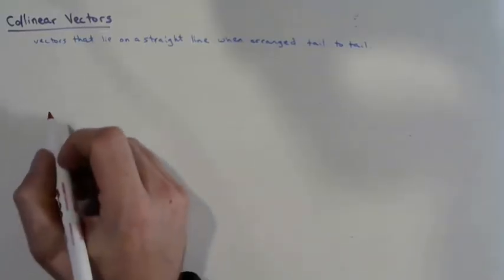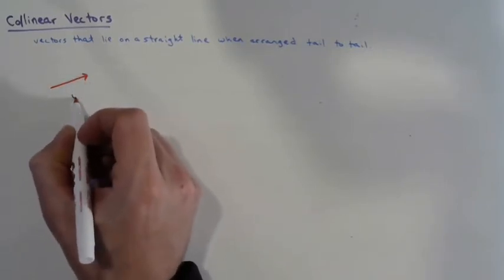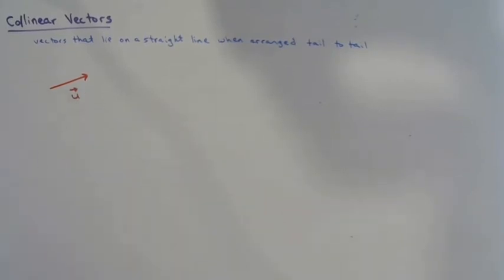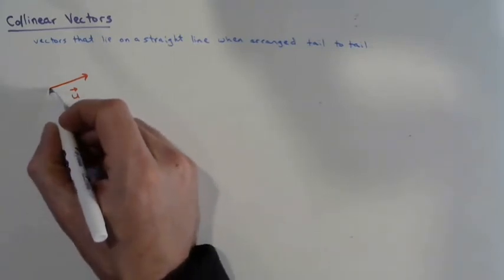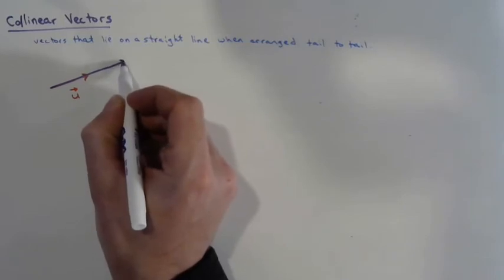So we're going to give ourselves two vectors here. We're going to give ourselves vector u and then tail to tail, we're going to bring in here in purple vector v, and it is going to be collinear with vector u.